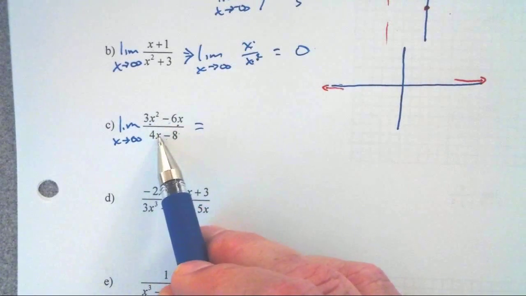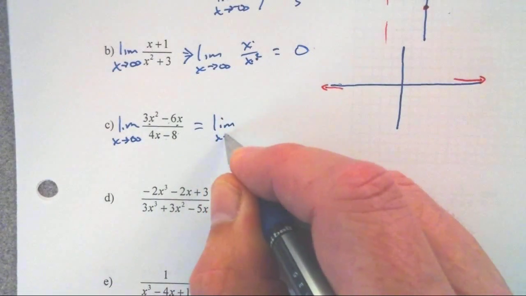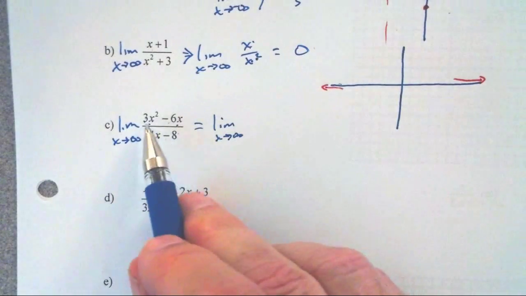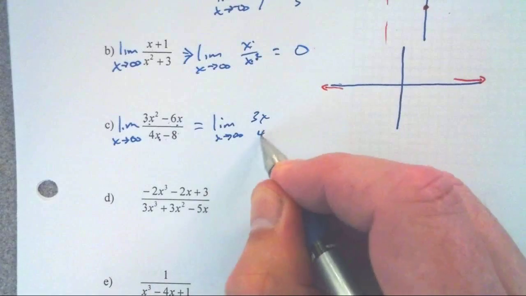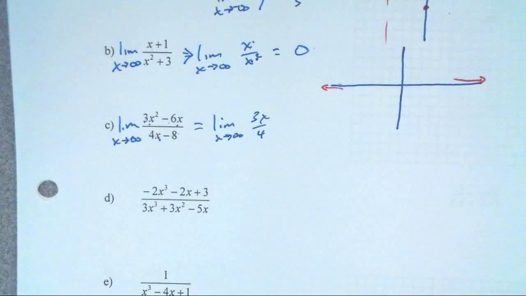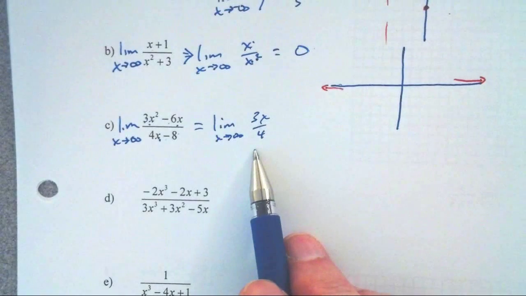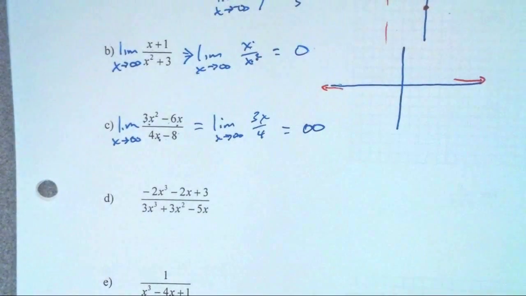I get 3x squared on 4x, or basically I'm finding the limit as x approaches infinity of 3x squared on 4x, or 3x on 4. Well, as x approaches infinity, I get 3 times infinity on 4. This is infinity. It's going to go up forever.